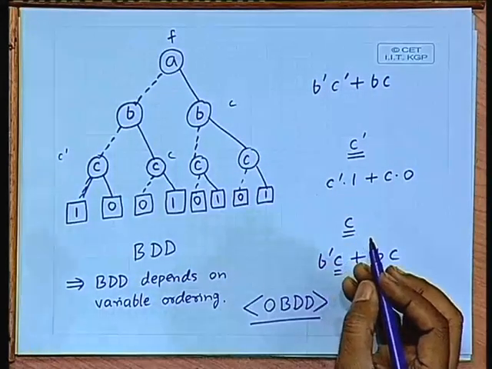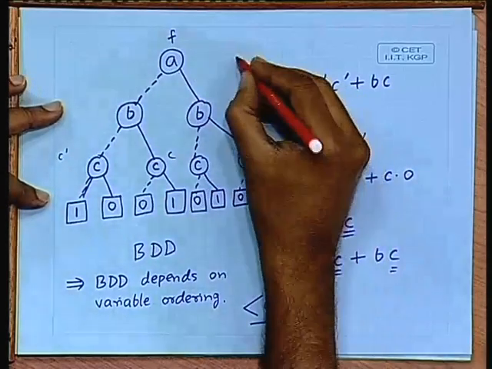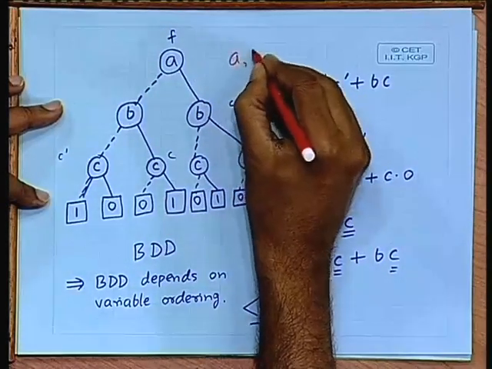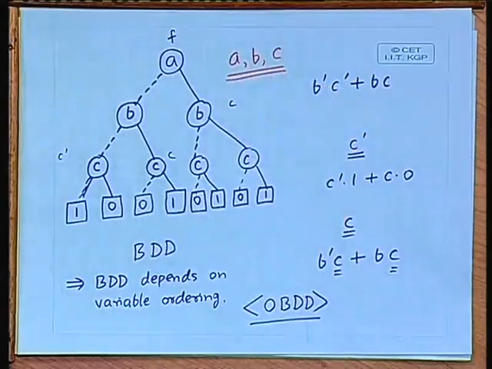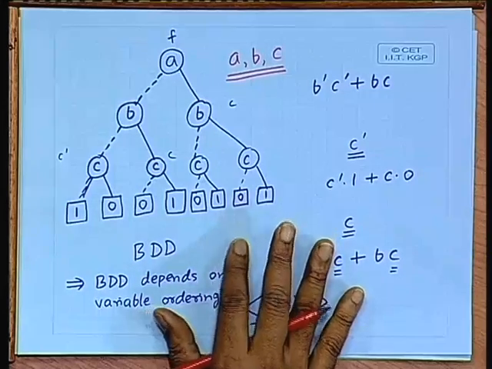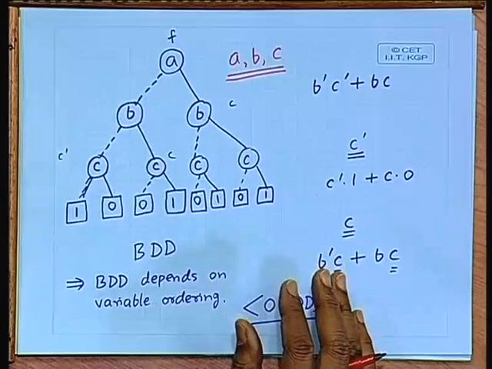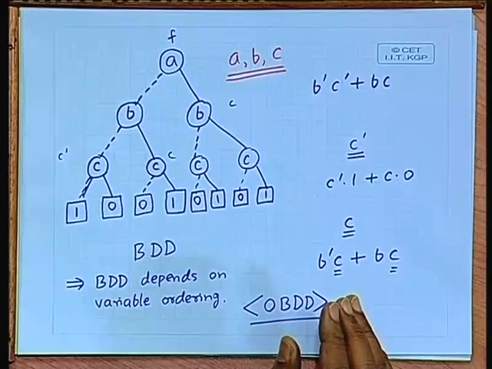This was drawn with respect to a specific variable ordering, first A, then B, then C. So, starting from this diagram, let us now try to systematically see what rules we can apply and minimize.